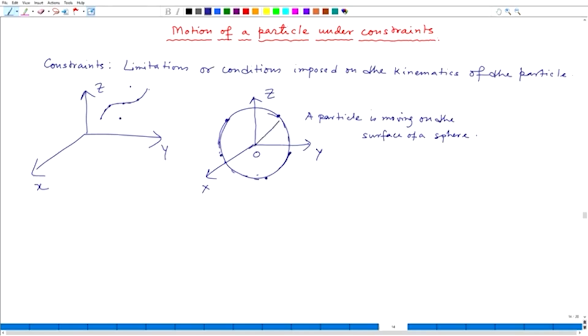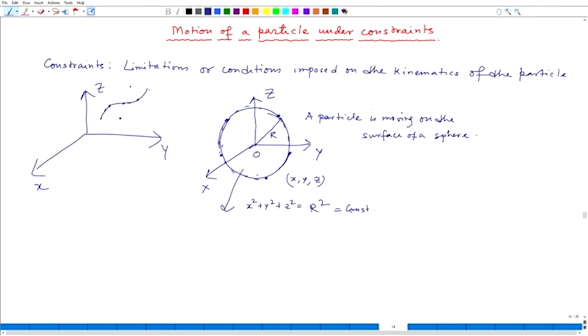For the sphere the constraint is simply that if the particle has at any instant the Cartesian coordinates equal to x, y, z, then the condition for which the particle will be exactly on the surface of the sphere is x squared plus y squared plus z squared equals r squared, where r is the radius of this sphere, and that is a constant. If we think that the size of the sphere is constant in time, we can generalize this a little bit more.